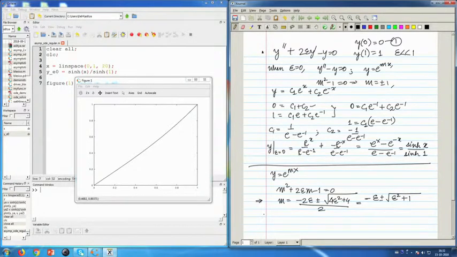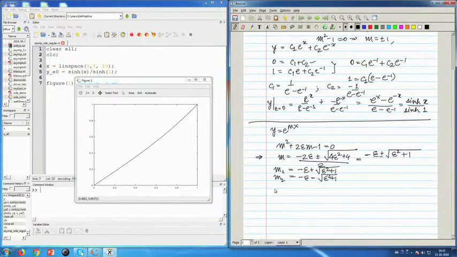If we call the solutions m1 and m2, m1 equal to minus epsilon plus under root epsilon square plus 1 and m2 equal to minus epsilon minus under root epsilon square plus 1.